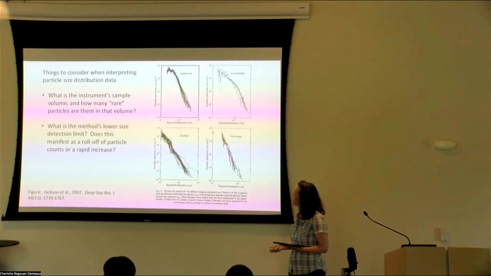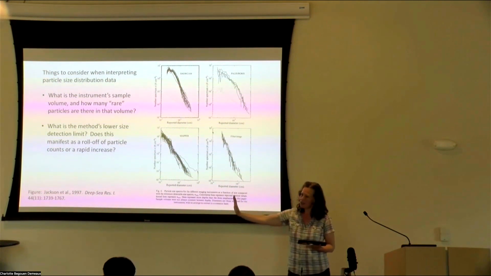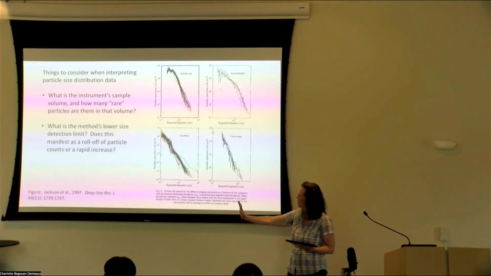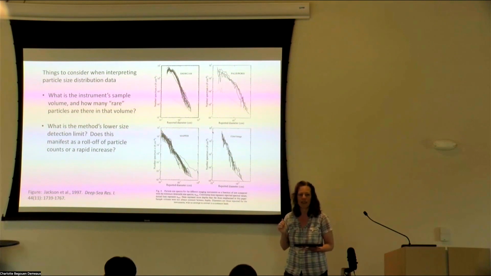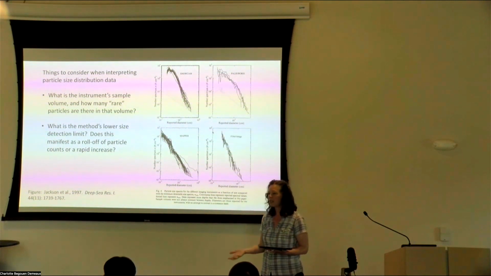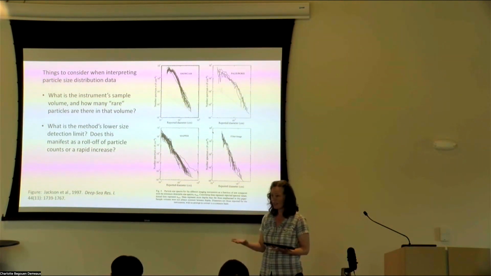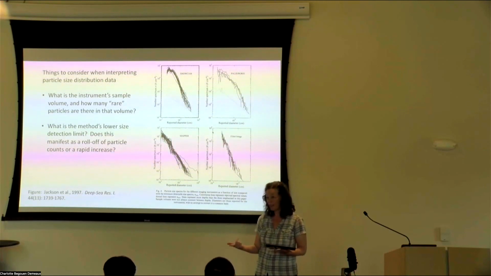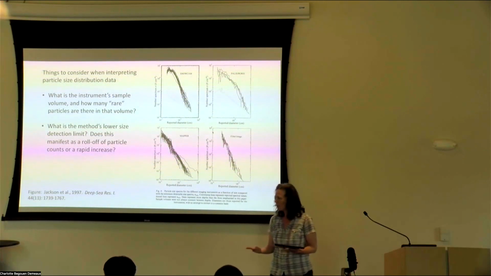The other thing to think about is the small end of your particle size spectrum. What's the smallest particle you can detect, and what happens when you get to that limit? If you're using an optical imager, your lens is going to be limited at some point by maybe your camera resolution or the wavelength of light; maybe you're at the optical limit of resolution.